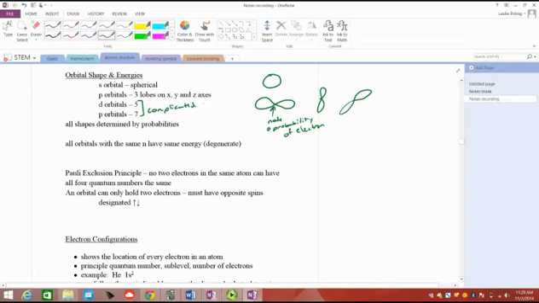The D and the P are, that's a big old typo there. That's not P, that's F. The D and the F are way more complicated. Now in hydrogen, all orbitals with the same n have the same energy. They're degenerate.